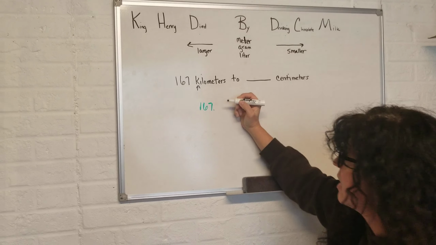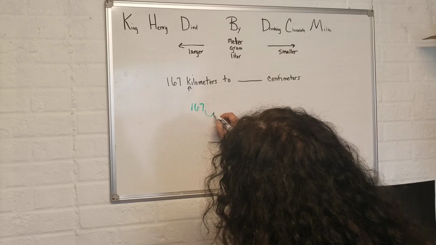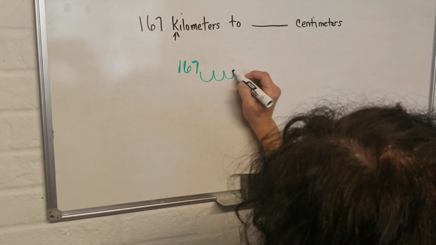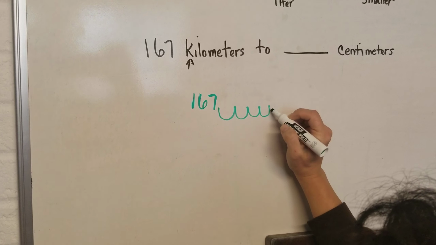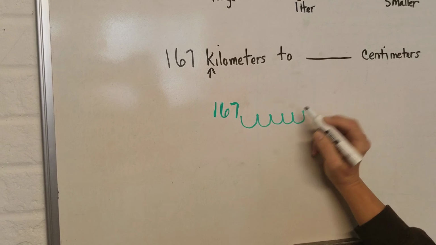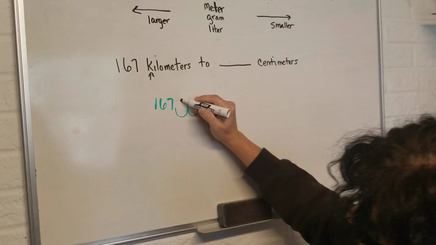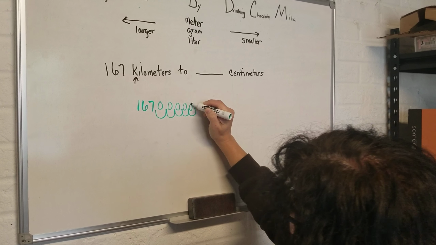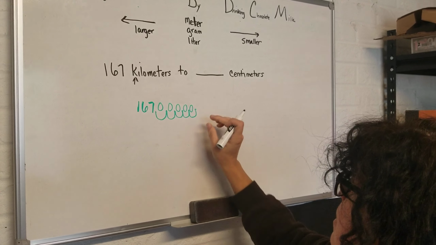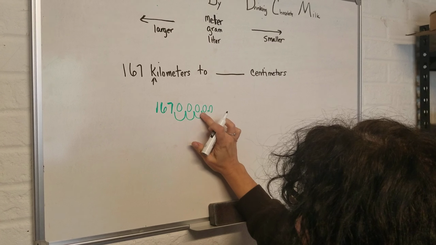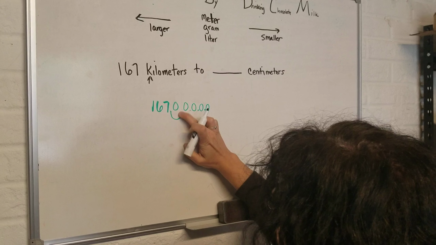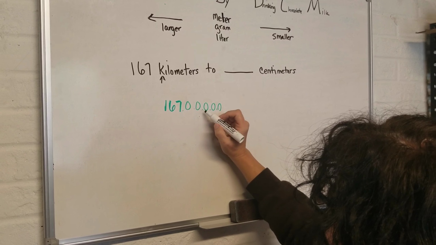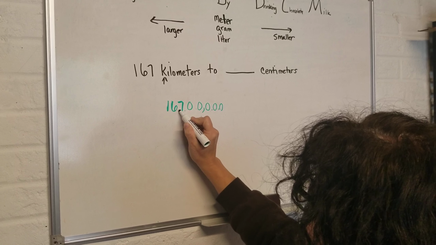Remember, we have to go 5 places. So I'm going to go 1, 2, 3, 4, 5. And then in each one of my little baskets, I put a 0. All right, so let me take these out so that we can put our commas in.